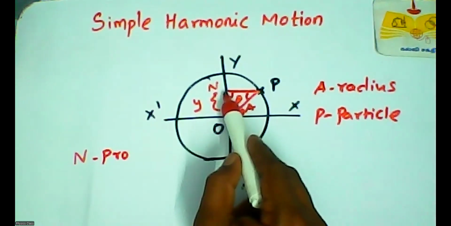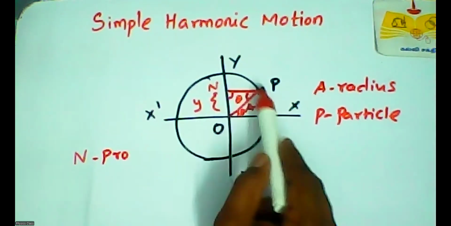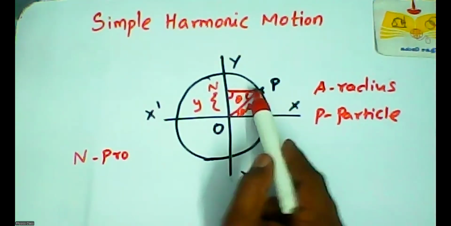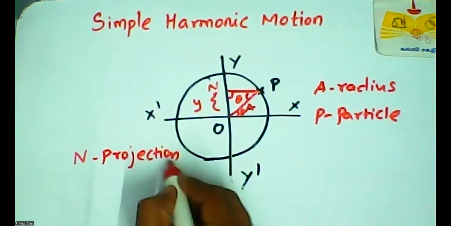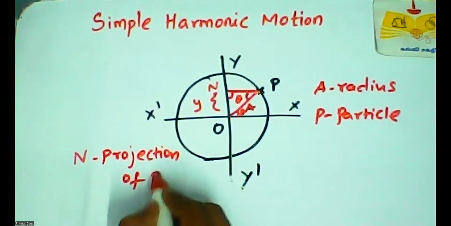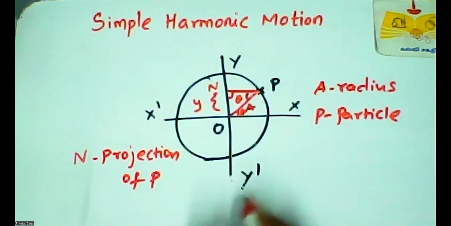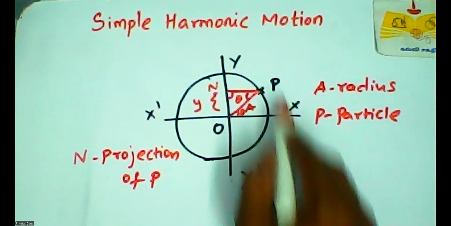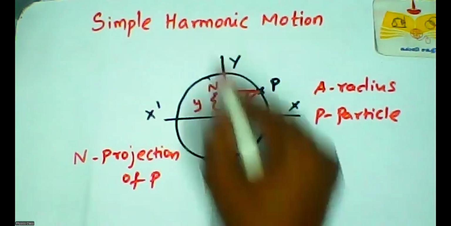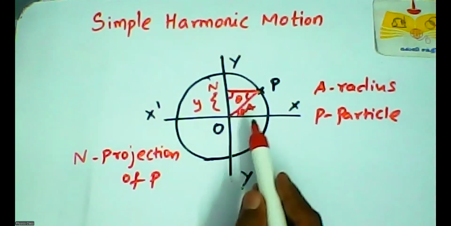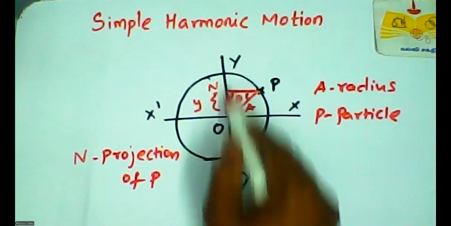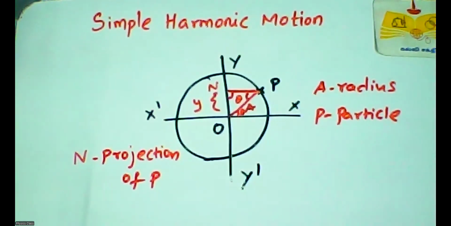So that red ball is the projection of that black ball. N is the projection of P on the diameter, the Y axis. This is a circle and this is a diameter. Already you know that.